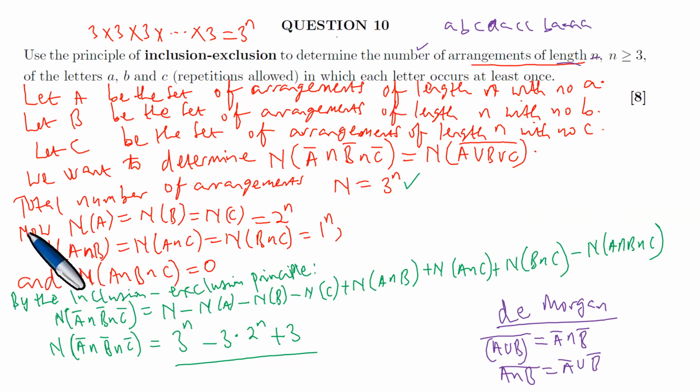Now, n(A), n(B), n(C) equals what? The number of elements in A intersection B, A intersection C, B intersection C is 1 to the power n.